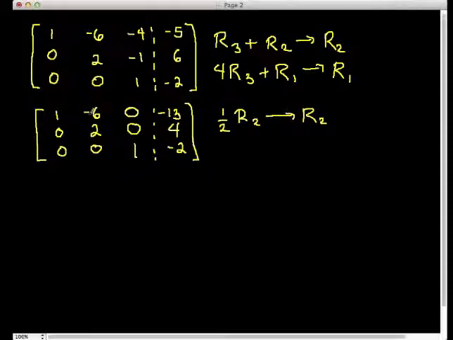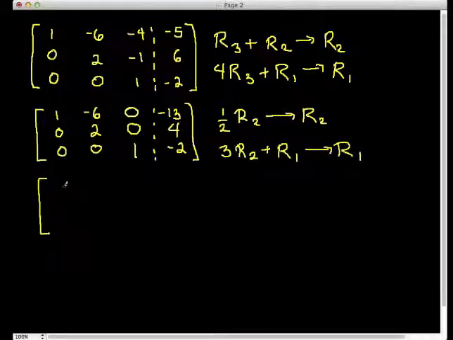Now let's take a look at this other row up here, and what I'd like to do is get a 0 at this position. So if I take my second row as it is, multiply it by 3 and add it to the first row, I see that that will give me a new first row, and it'll have a 0 where this negative 6 is. So that's what I'm going to do in this next stage.